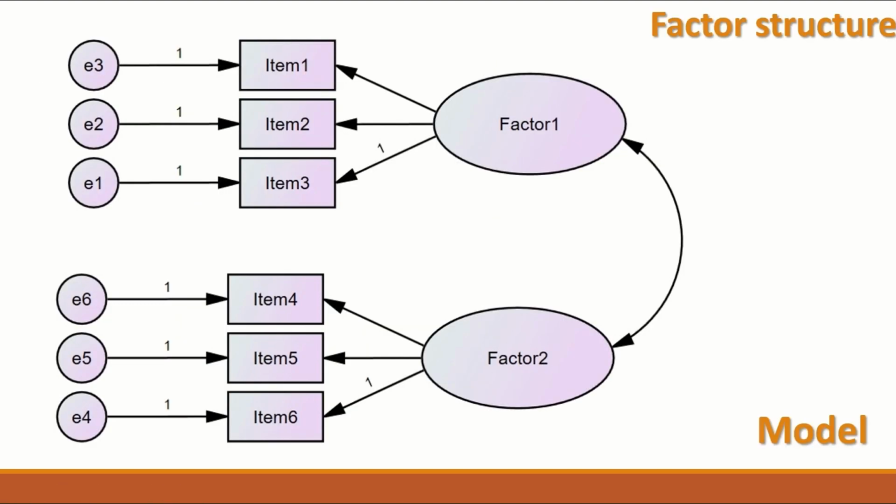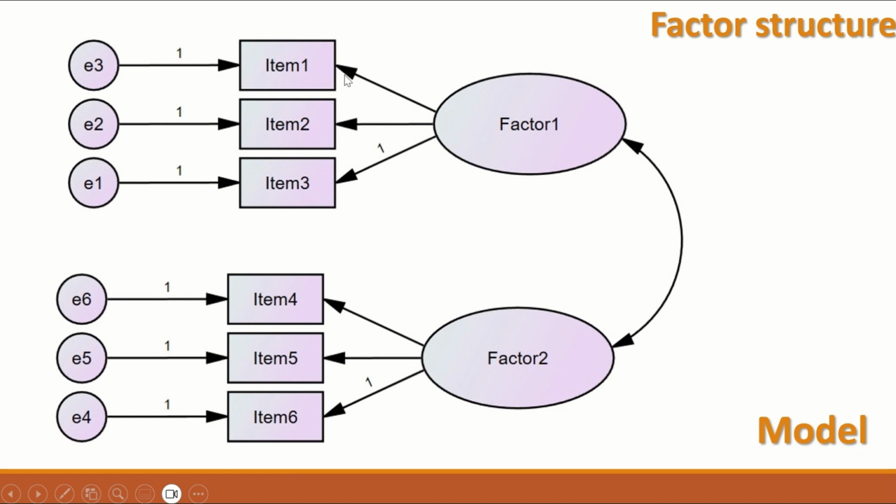This slide shows the factor structure, i.e. the model proposed by the exploratory factor analysis. Here, as shown, there are two factors, factor 1 and factor 2. Factor 1 has 3 items loading into it, and factor 2 has 3 items loading into it, and factor 1 and factor 2 can co-vary.